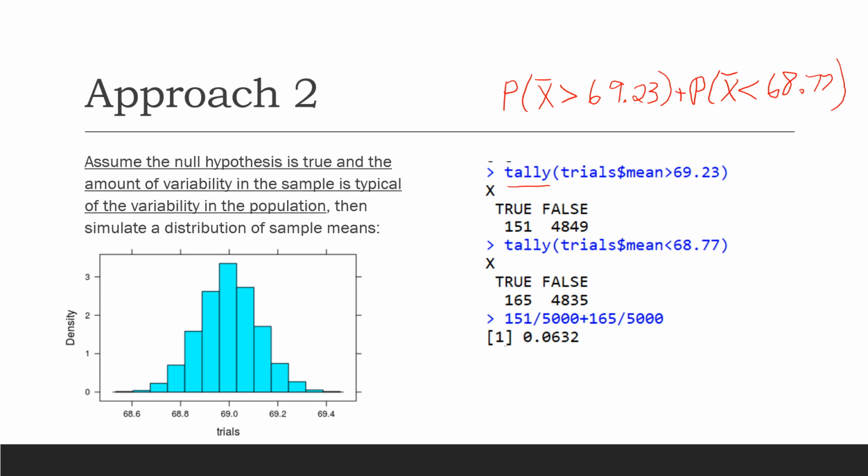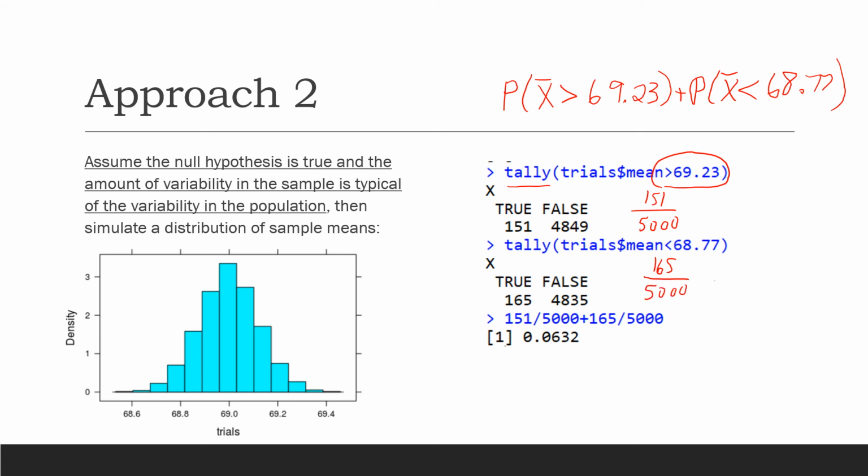So I use the tally function to count how many of the means calculated for my different trials were above 69.23. That was 151 over 5,000 total trials. And the proportion that were less than 68.77, that's 165 out of 5,000 total trials.